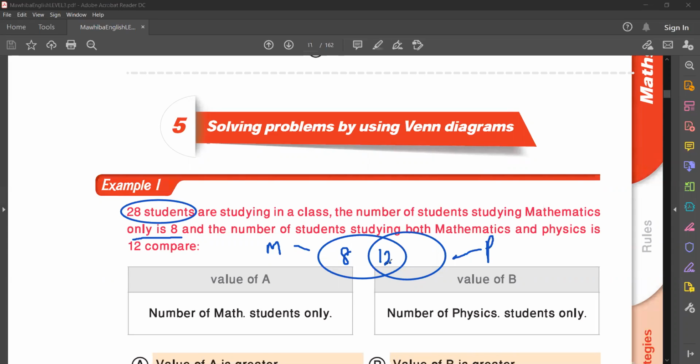So 8 plus 12 is 20. Now 28 minus 20 is 8, right? So the question said compare between value A and value B. The number of math students only is 8, right? And the number of physics students only is 8. So what is the correct answer?